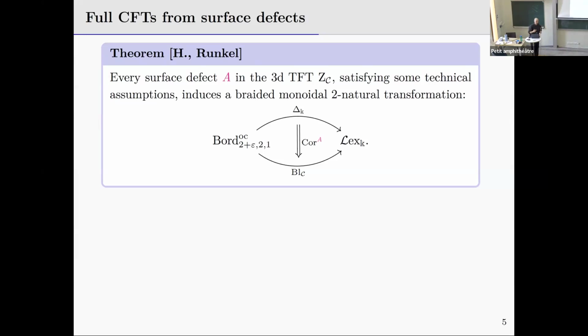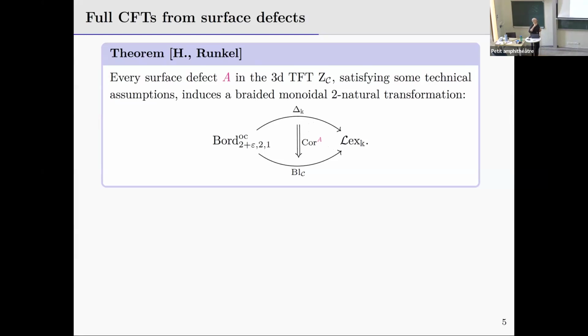So what does this even mean? First of all, what are the source and the target of this 2-natural transformation? The source, which I call delta K, is the trivial 2-functor sending everything to vector spaces and identities on vector spaces.